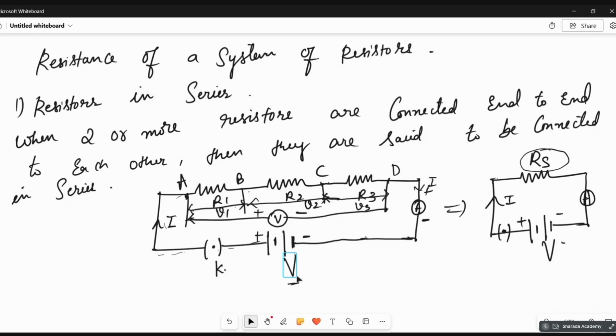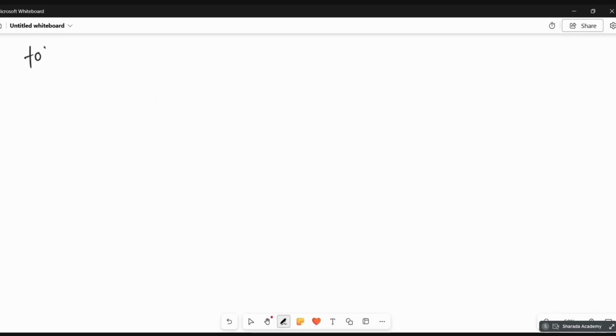Write down. This is done. Total voltage. Wait. A few things will write in between. Sometimes they ask this derivation also. Write down.